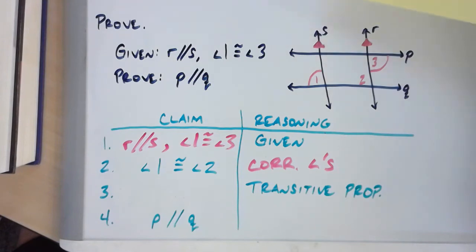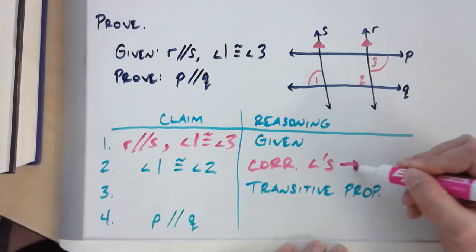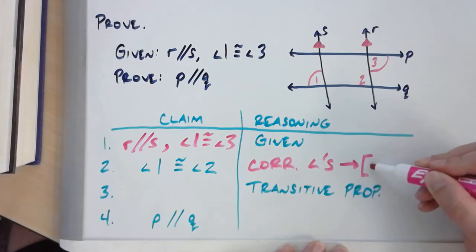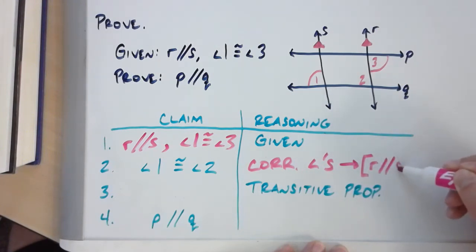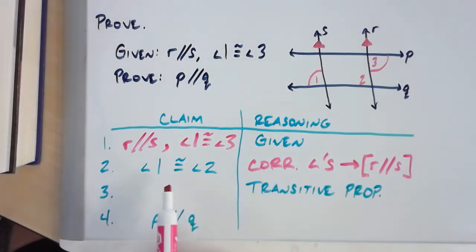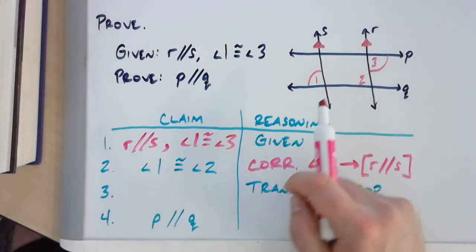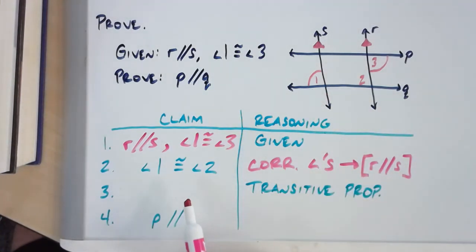And because I started with the fact that R and S are parallel, corresponding angles have to be congruent. You wouldn't have to do this in your proof, but let me show why I can use corresponding angles: because R and S are parallel to each other. That was what made that part true. All right, great. Angle 1 and angle 2 now have to match. Perfect.